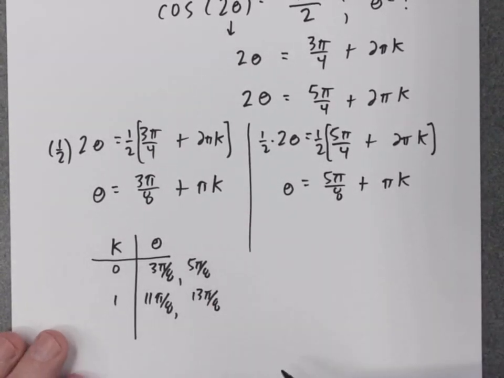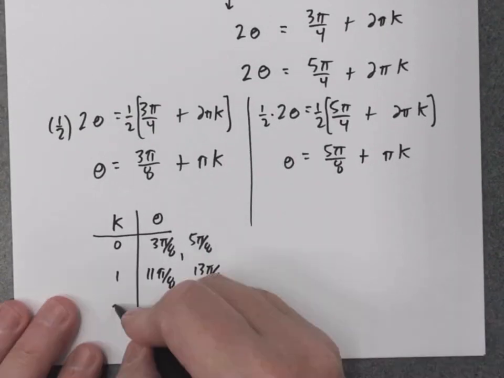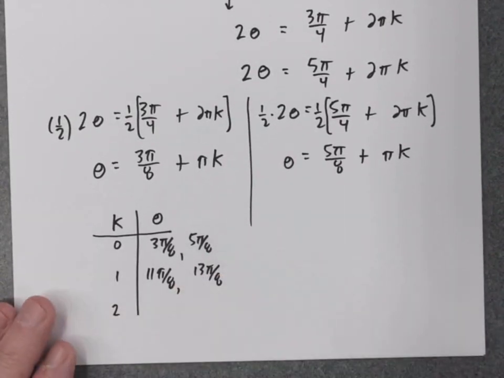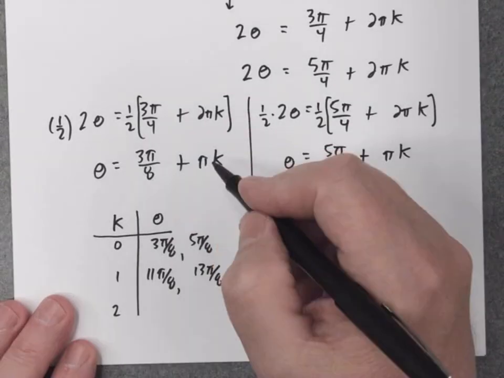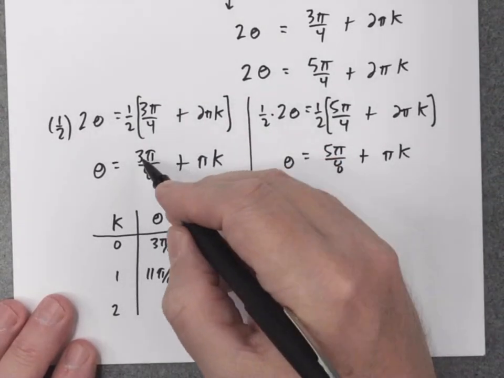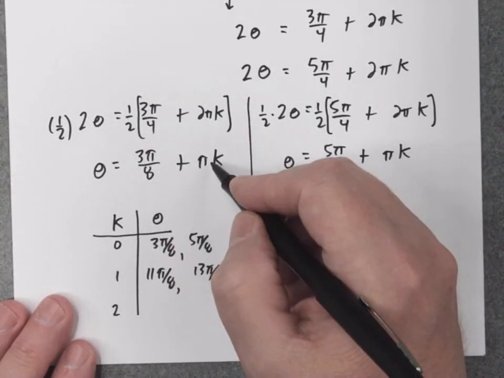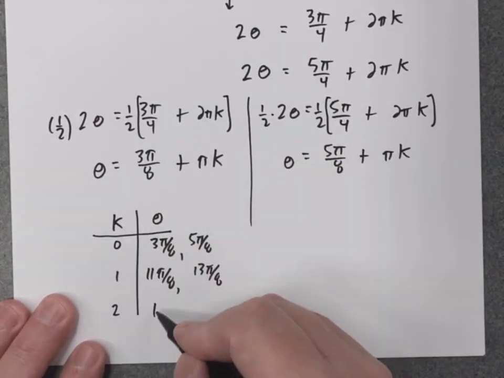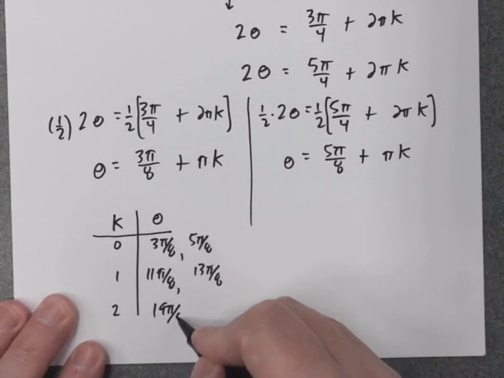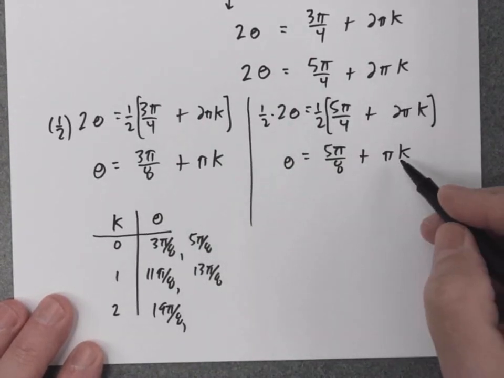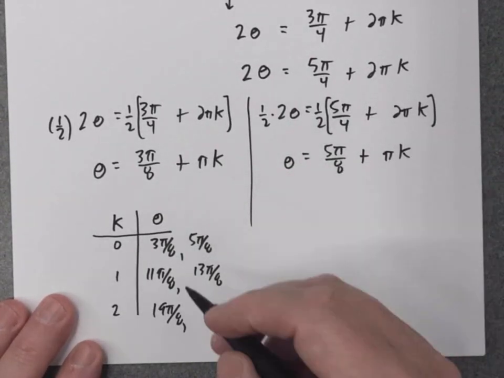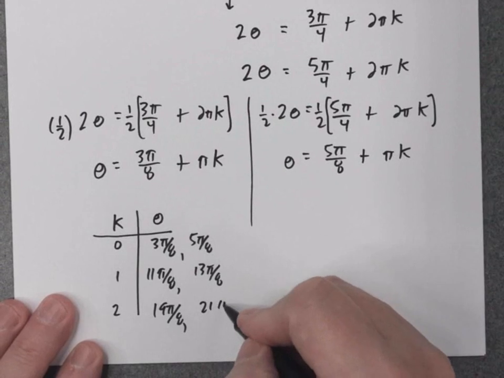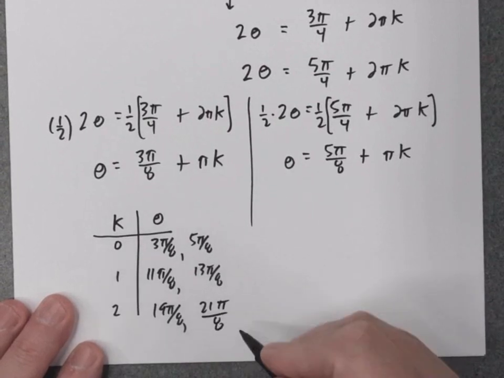So now I have 4 solutions. They asked for 6. So I set k equal to 2. So 2 pi plus 3 pi over 8, 2 pi is the same thing as 16 pi over 8. So 16 plus 3 is 19 pi over 8. And 16 pi plus 5 is 21 pi over 8.